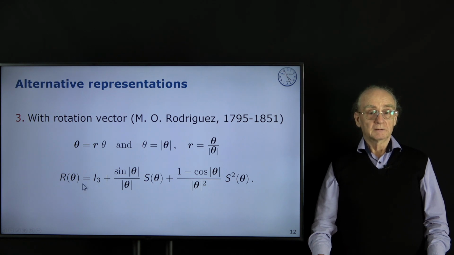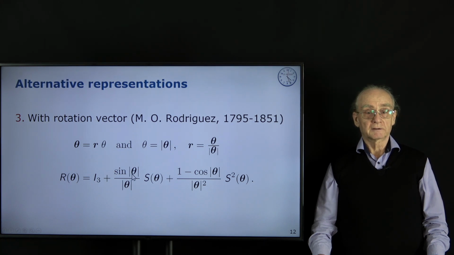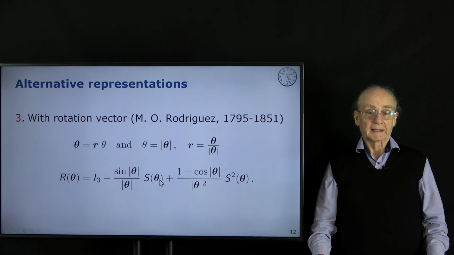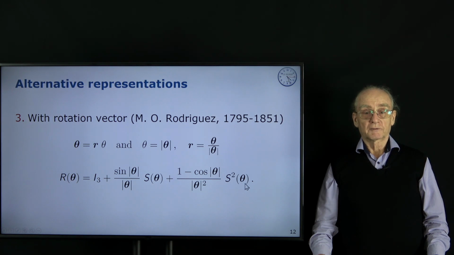And then we can use this first relation and say it's I plus sine theta multiplied with the skew-symmetric matrix of theta. So in this case, here we have the angle, here we have multiplied with the angle, so we have to divide by the angle, and here we have the square of the matrix, so we have this multiplied with the square of the angle divided by the square of the angle.